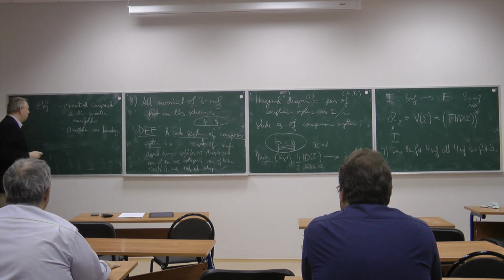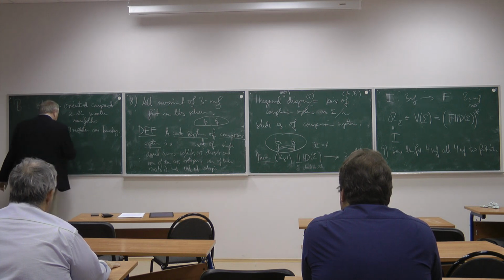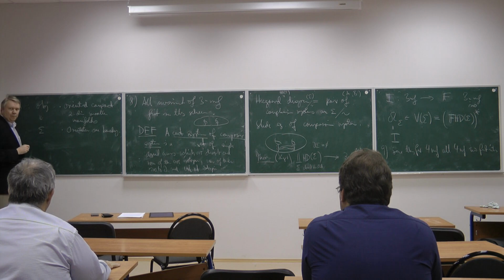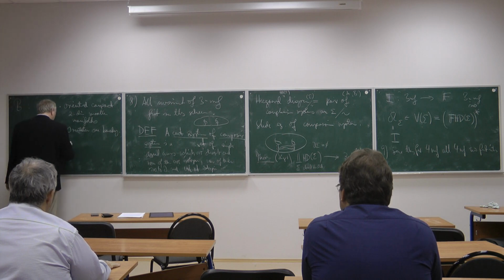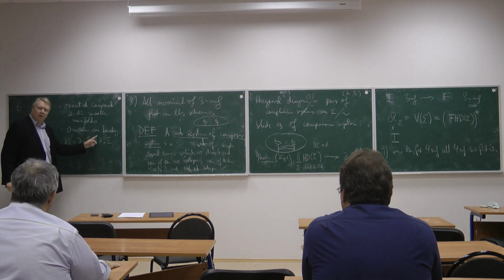Okay? If I have an orientation on the surface and an orientation on the boundary, let's say I have an object. It's not necessarily induced. What I want to do is split the boundary into the minus part and the plus part. The plus part is where the induced orientation agrees with the given one, and the minus part is the opposite.